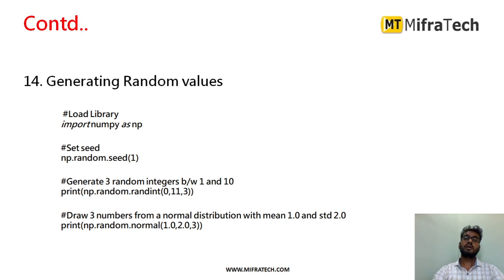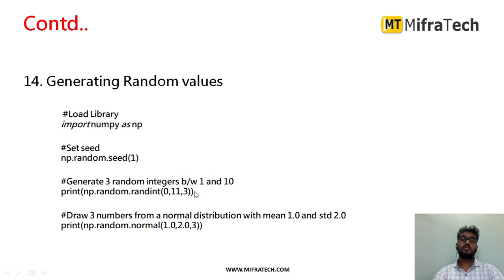So we can also generate random values using this Numpy library. How to do that? First we import the library, that is import numpy as np. After importing the library, to generate random values, the command we have is np.random.